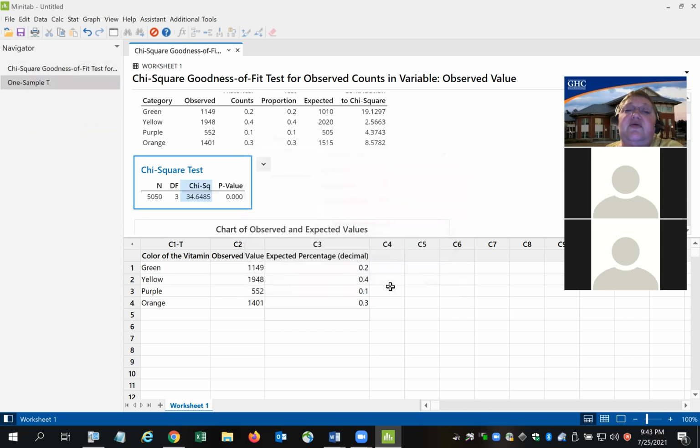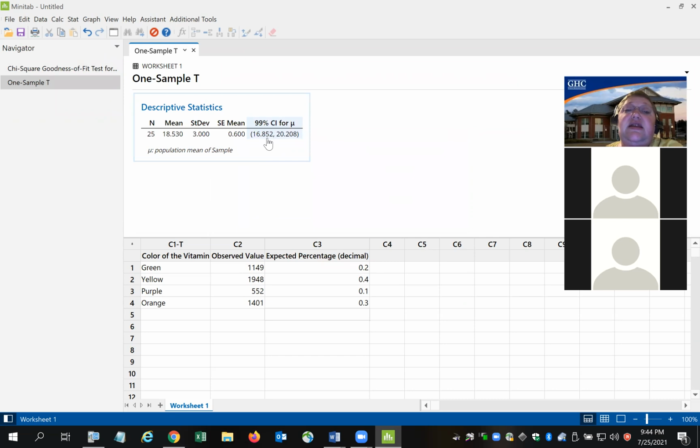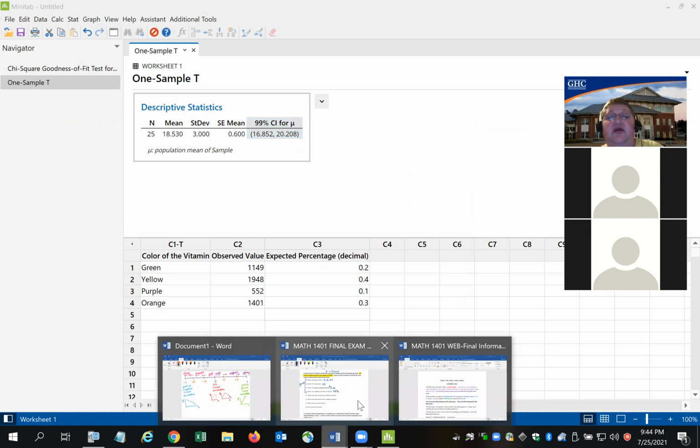Okay. And I need these numbers under the label 99% CI for mu. And so we have 16.852 and 20.208.